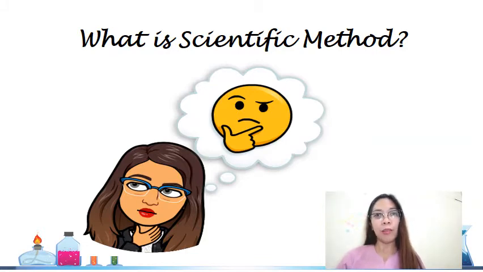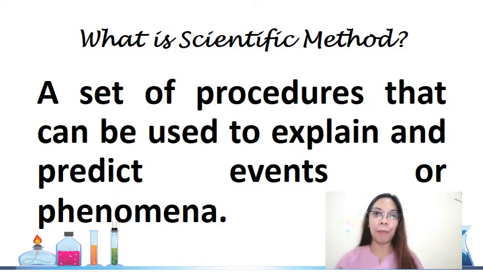Okay, oh ma'am, ano pala yung scientific method? Sige, what comes into your mind pag sinabing scientific method? Okay, pag sinabing scientific method, it is a set of procedures that can be used to explain and predict events or phenomena. So itong scientific method na ito, para ito siyang roadmap or mapa. Bakit?